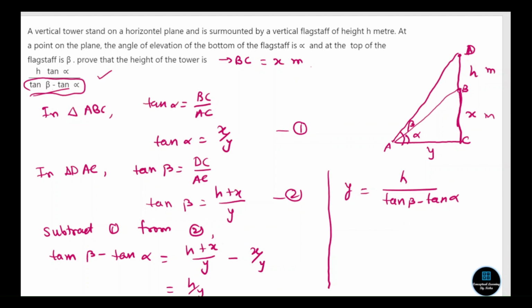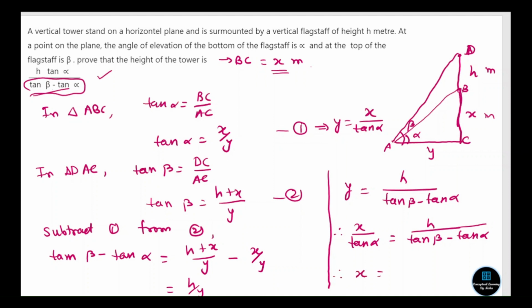Now y equals to, from this, okay, y equals to x upon tan alpha. Correct? So I'll write this here. So therefore x upon tan alpha equals to h upon tan beta minus tan alpha. And now we have to prove the height of the tower. x equals to this. So I'll just write this in terms of x only.